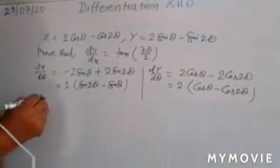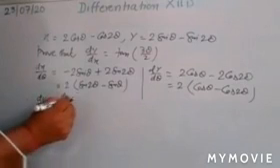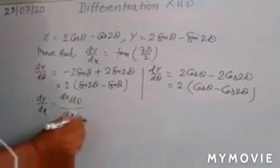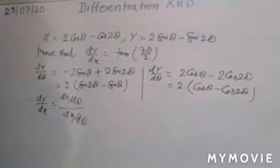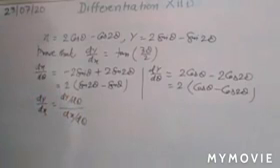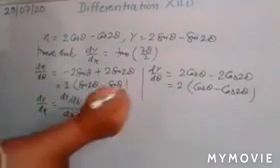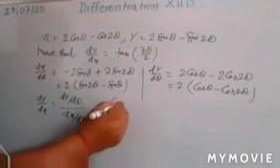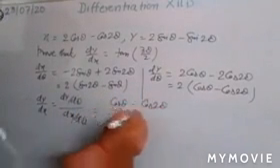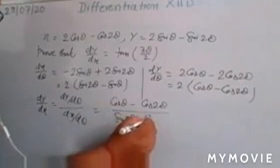So the value of dy by dx can be written as dy by d theta upon dx by d theta. Now putting in the values, 2 cancels out, and you have cos theta minus cos 2 theta upon sine 2 theta minus sine theta.